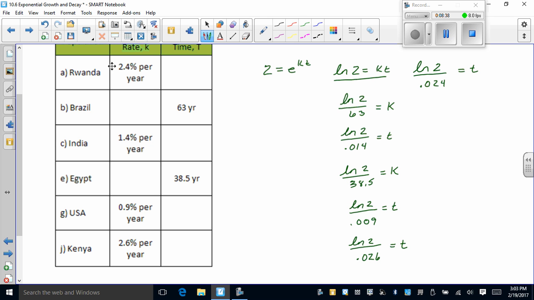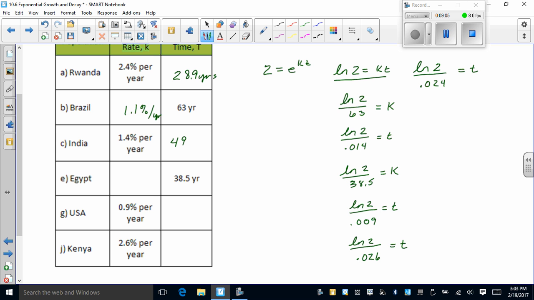28.9 years. Yeah, we could have pretty much said 29 years. This one here, our k value is 1.1% per year. Part C is 49.5 years.